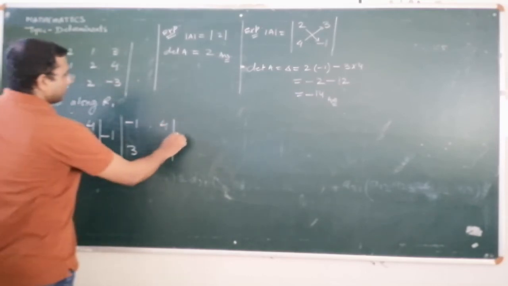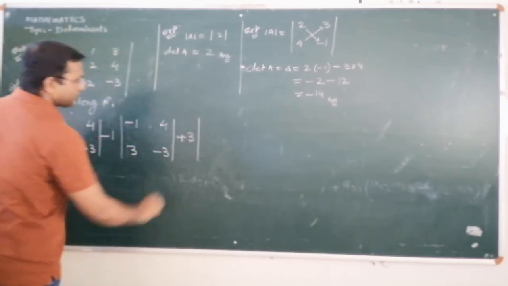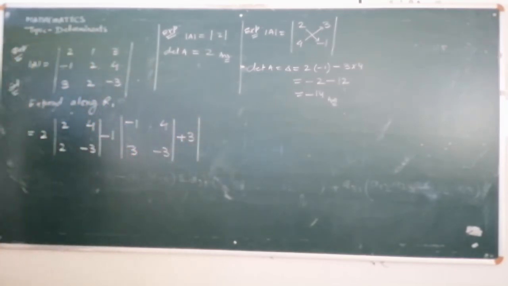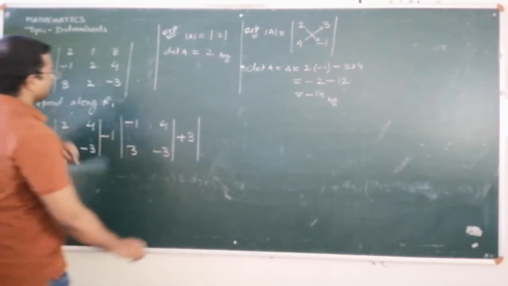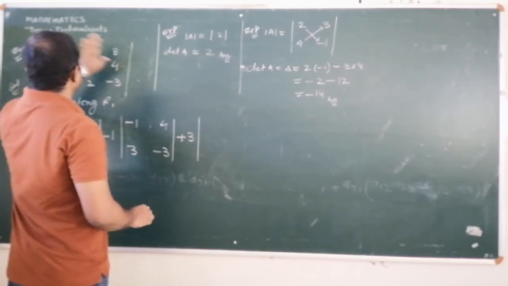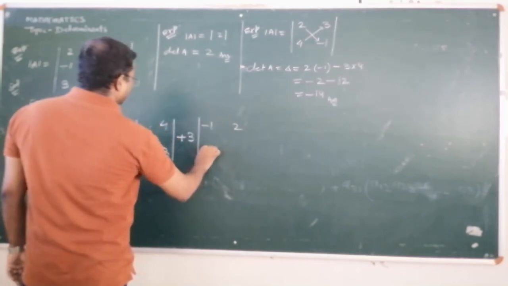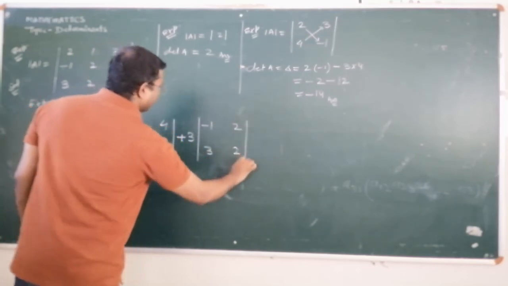Then the last element of the first row is plus 3. So then I will hide the third column and the first row. So I will write the remaining elements: minus 1, 2, 3 and 2.